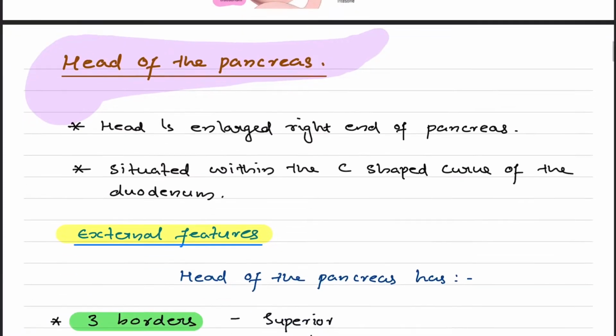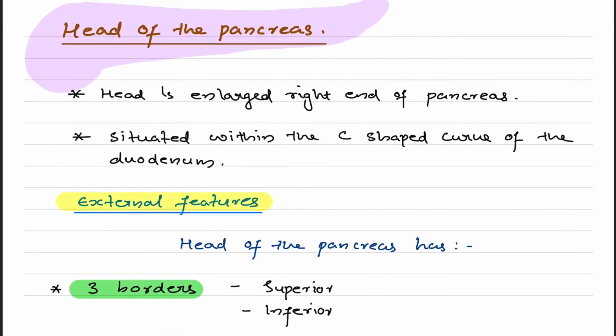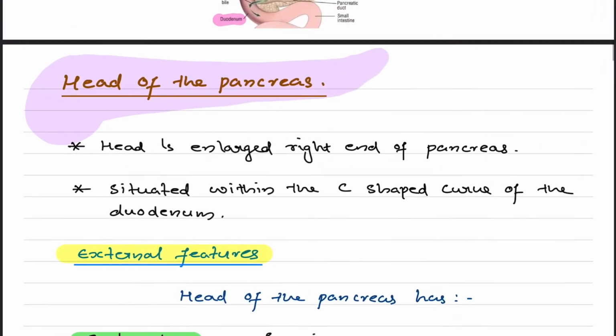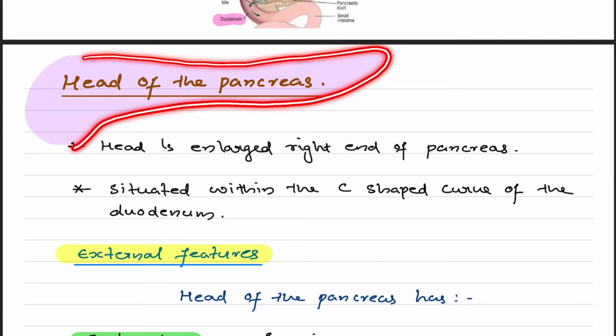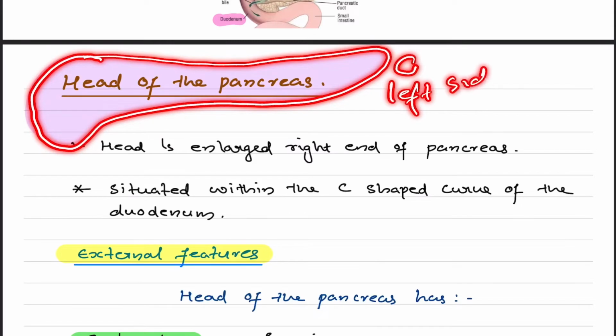Now we'll discuss the head of pancreas. Head is the enlarged right end of pancreas. See, this is the pancreas. This here is your left side, this is right side.